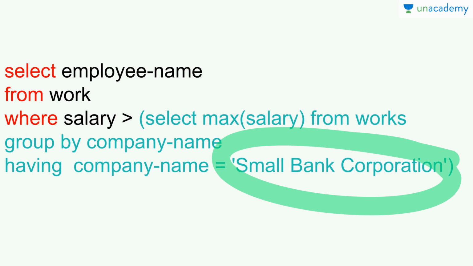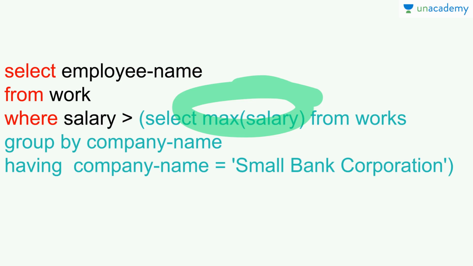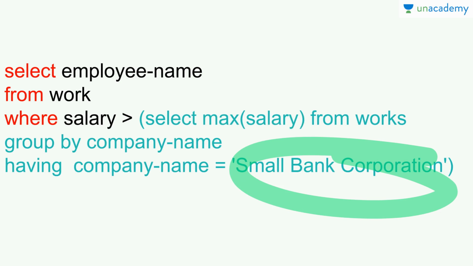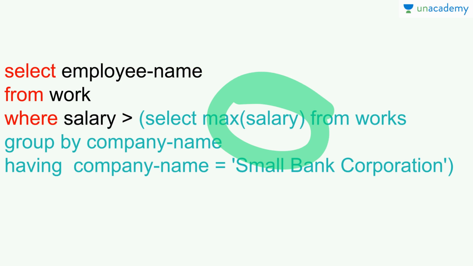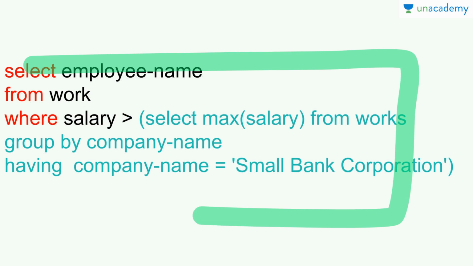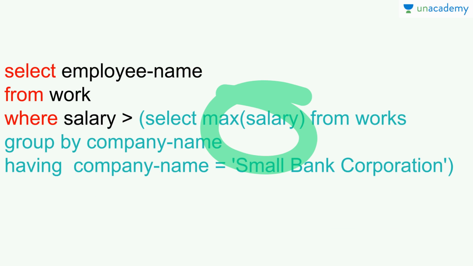So we have the maximum salary of the employees working in this company. Now what we have to do, check the salary of every employee in the works table whose salary is greater than this maximum salary. This query will do less work because it has to check only one salary.